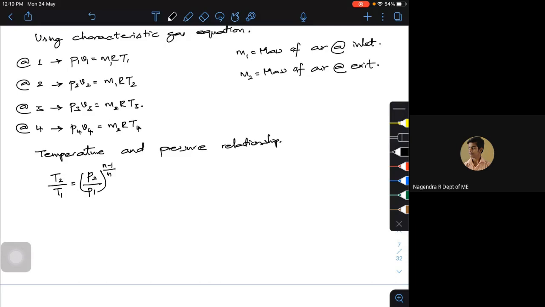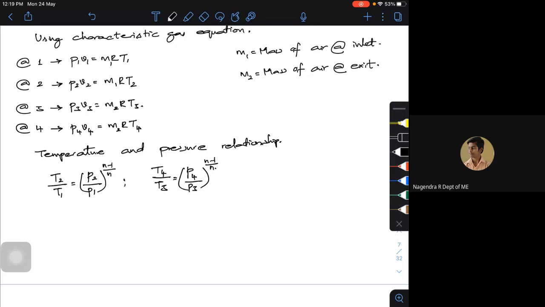Similarly, I can write T4 by T3, and if you go back and see, this will be P4 by P3 whole to the power of n minus 1 by n.